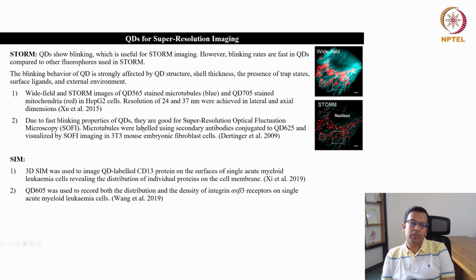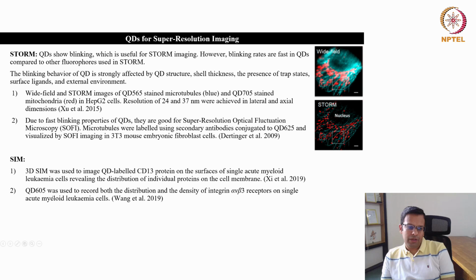So you can see that in any cell line, you can conjugate the quantum dots with secondary antibodies, and then you can visualize the protein of your interest. And for SEAM imaging, the quantum dots have also been used. 3D SEAM was used to image quantum dot labeled CD13 protein on the surface of single acute myeloid leukemia cells, revealing the distribution of individual proteins on the cell membrane.